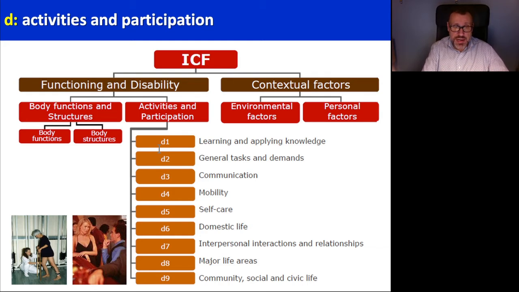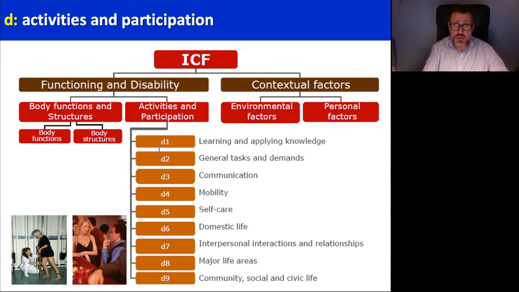Here we have 9 main chapters, D1 to D9, and as you can see, activities and participation are contained here together. There is no distinction between activity and participation as there was in the biopsychosocial model.